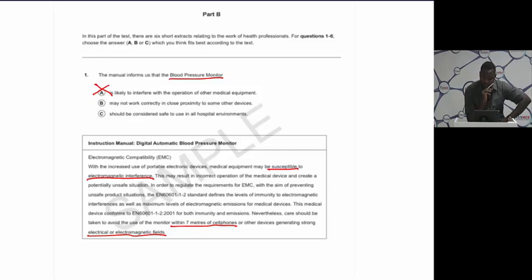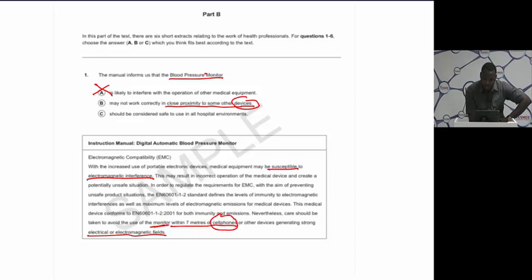Now let's quickly go to B. It says the manual informs us that the blood pressure monitor may not work correctly in close proximity to some other devices. Device here means any machine. Did we hear any other machine in the text? Yes, it talked about cell phones. And it also says care should be taken to avoid the use of the monitor.